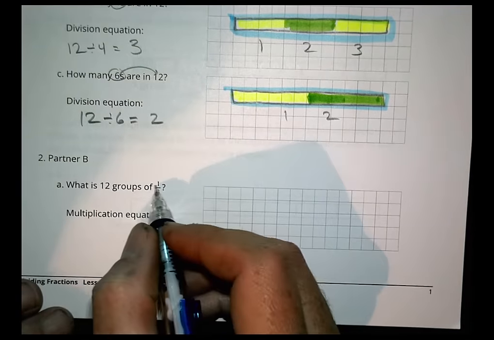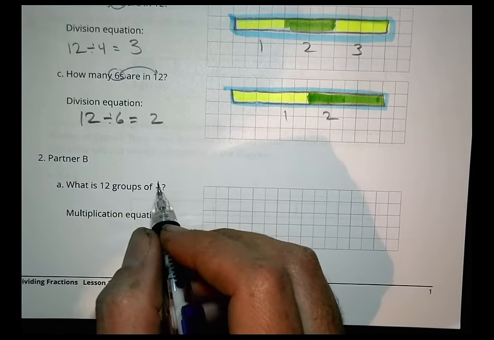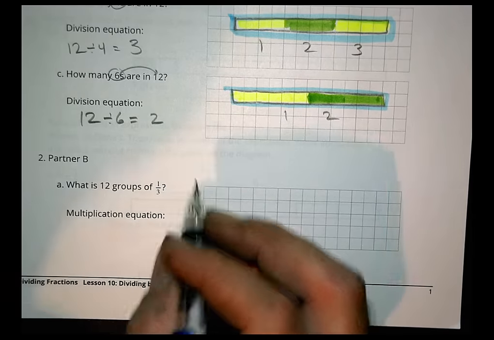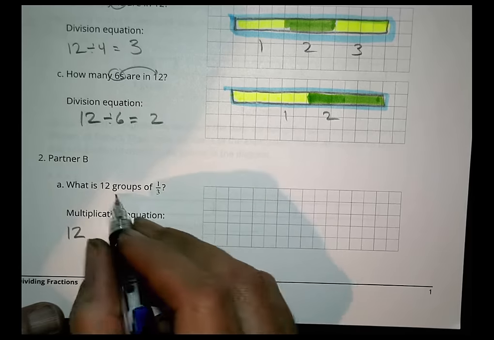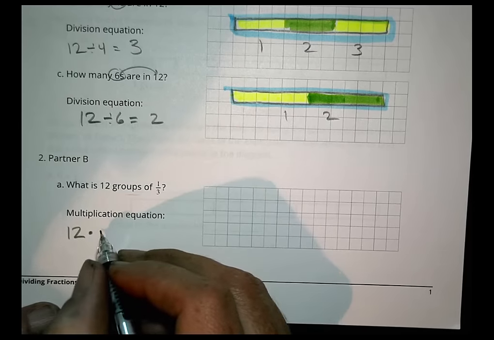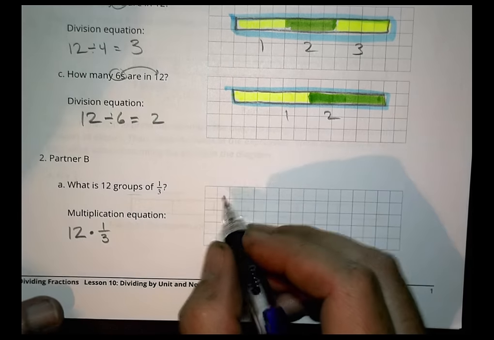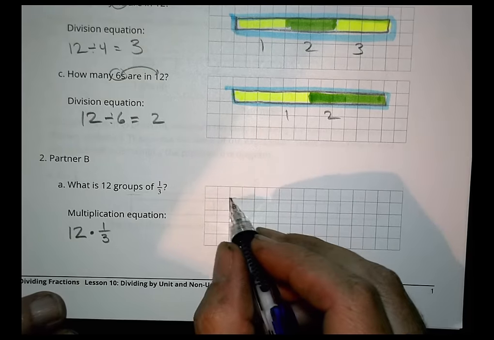Partner B has 12 groups of 1/3. What is 12 groups of 1/3? As a multiplication equation, this is 12 groups of, where the "of" means multiply, 1/3. So in this case, we're going to make 12 groups.